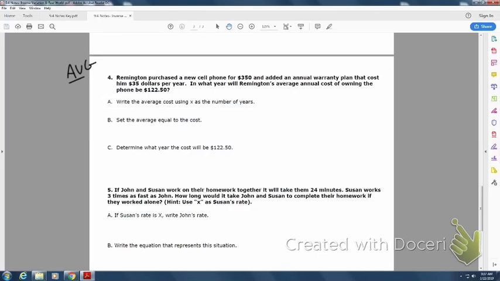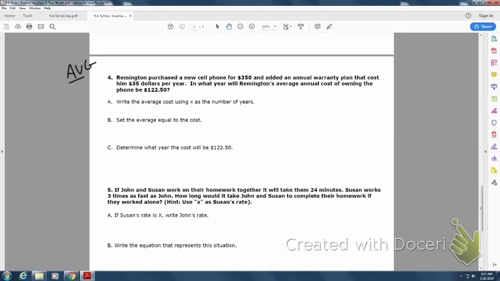So this one that I just call average, most of them are talking about cost, average annual cost of a certain item that they own. And it's usually going to say that they originally bought it for this price, and then they're going to pay so much a month or so much a year in insurance or some kind of monthly or annually cost on top of that.